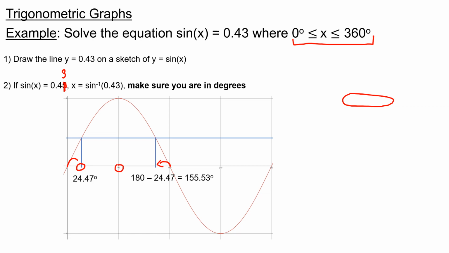So we can work out the other solution by doing 180 take away 25.47, because sine of 0 is 0, sine of 180 is also 0, so there is symmetry at these points. I then end up with 154.53 degrees as my second solution. So these would be my two solutions.